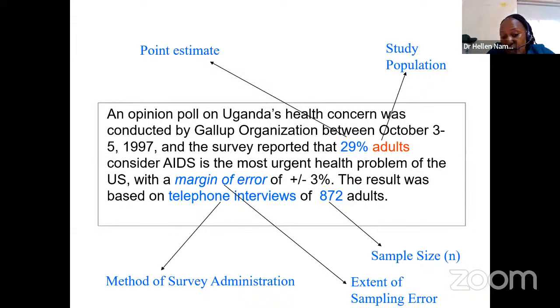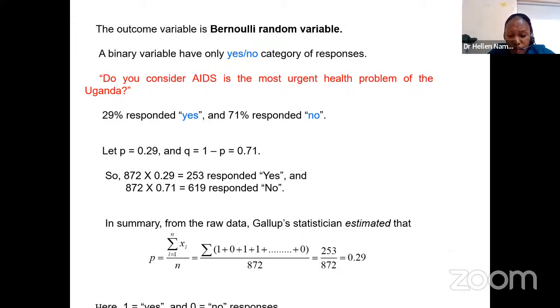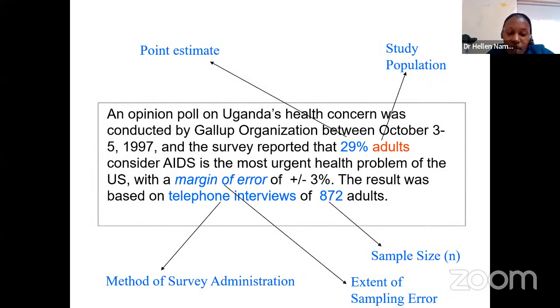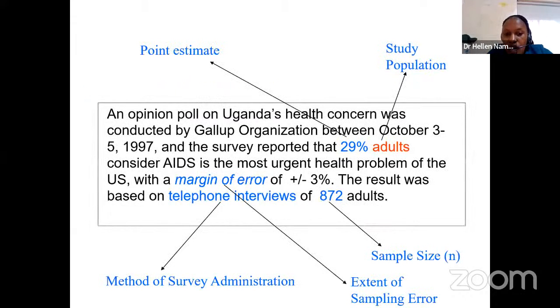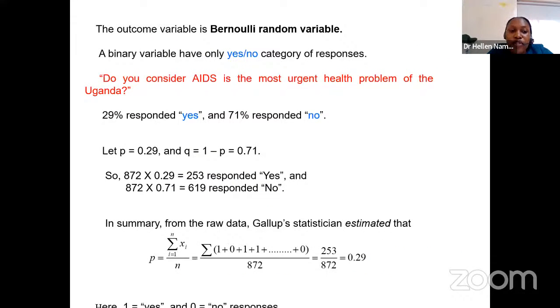How does this come about? It still goes back to the objective of the study that you are setting. Sometimes it is hard to have a true estimate, so to have that confidence, we put a plus or minus margin of error. Based on this example, we see that it has two binary outcomes, whereby 29% of the people that responded said yes, it was an urgent health problem.